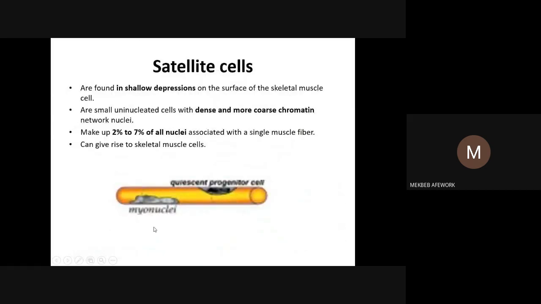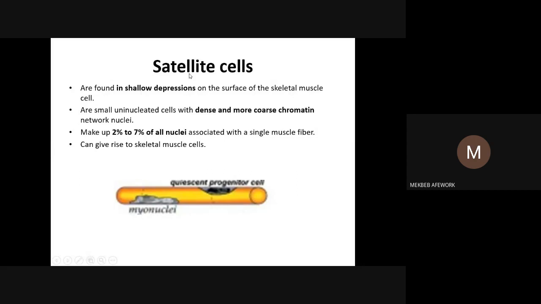Outside of the cell, tightly applied to it, we have quiescent stem cells, and these stem cells are named satellite cells. They represent up to about 2 to 7% of the nuclei, and they are important stem cells in case these skeletal muscle cells need to multiply, regenerate.